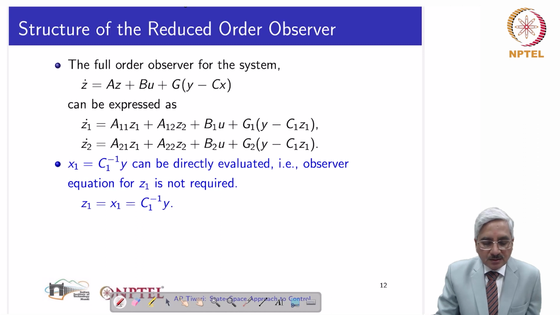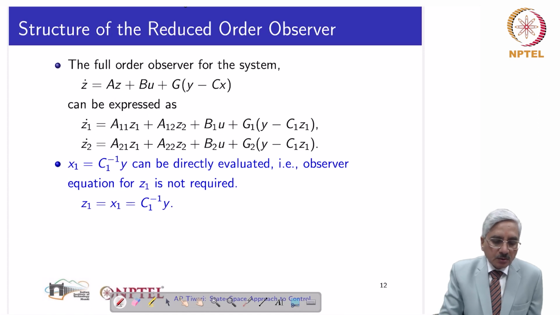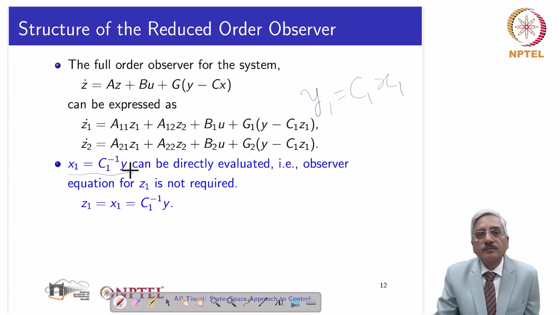Now we make use of the output equation, where the outputs depended only on the states x1. So using y equal to C1 x1, we can write x1 as C1 inverse y, and then it is a matter of straightforward calculation.